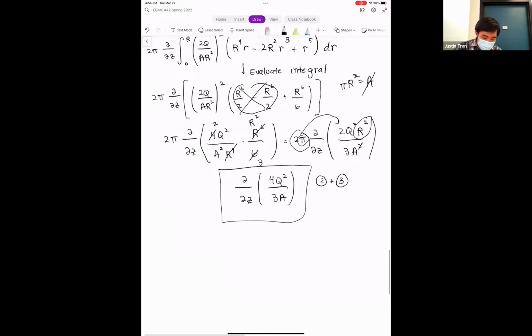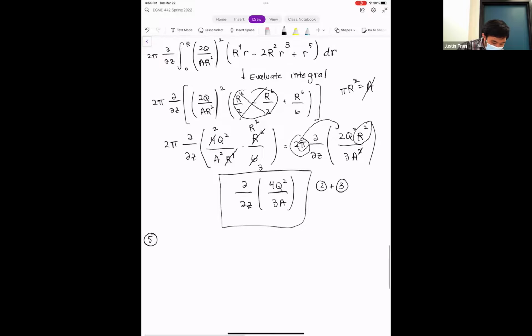Let's not forget our lost child, integral 5. Integral 5 is a lot easier, so we're not going to spend a lot of time on this.